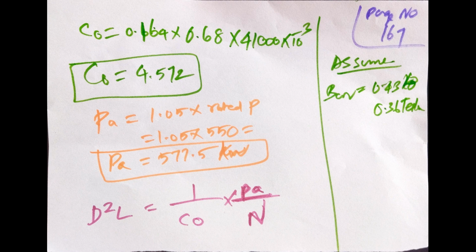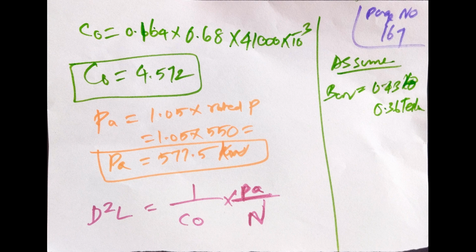C naught value is equal to 0.164 into 0.68 into 41,000 into 10 power minus 3. C naught is equal to 4.572. B average value we assume 0.43 to 0.36 Tesla. PA is 1.05 into rated P. So 1.05 into 550, PA value is 577.5 kilowatts.